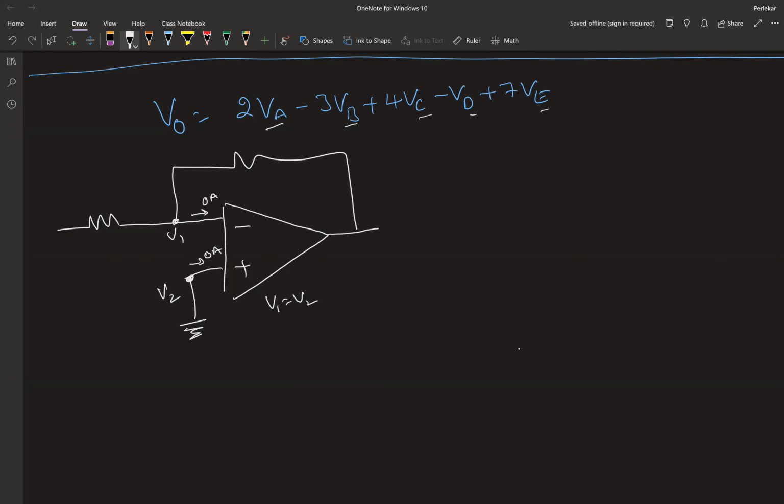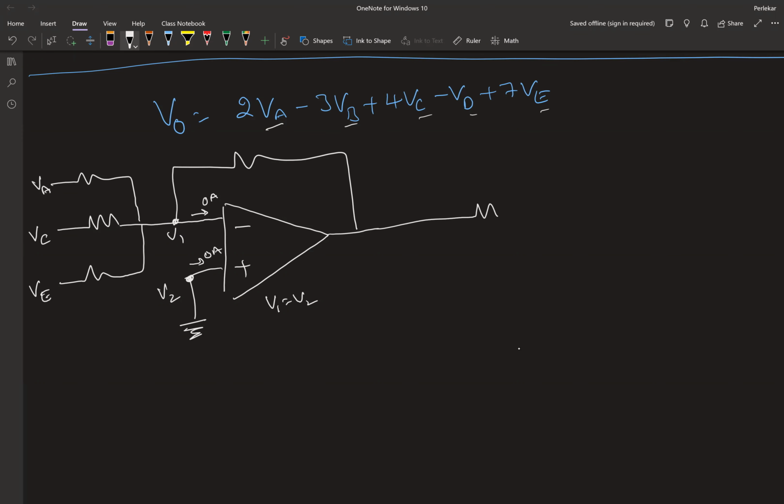Now, how many positives do I have? 1, 2, 3. So 3 positives. All the 3 inputs are going to be connected here. So this is VA, VC, and VE. Now, how many negatives are there? I have 2 negatives.